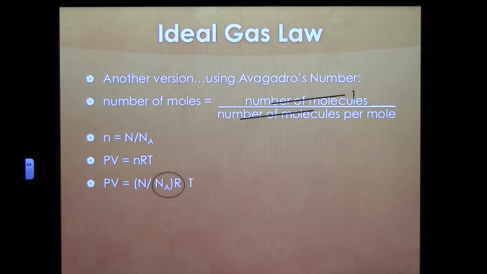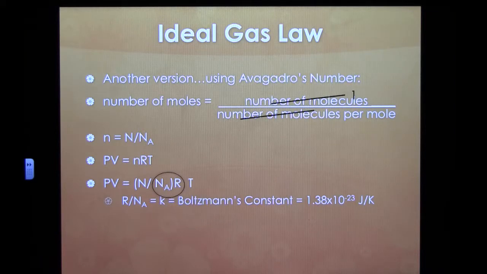If we have R divided by Avogadro's number, that's going to give us a new constant, which we give the symbol lowercase k, which is called Boltzmann's constant, which has a value of 1.38 times 10 to the minus 23rd joules per Kelvin. We can then replace the R over Avogadro's number by k, and we find the new ideal gas law formula is PV equals capital N kT.